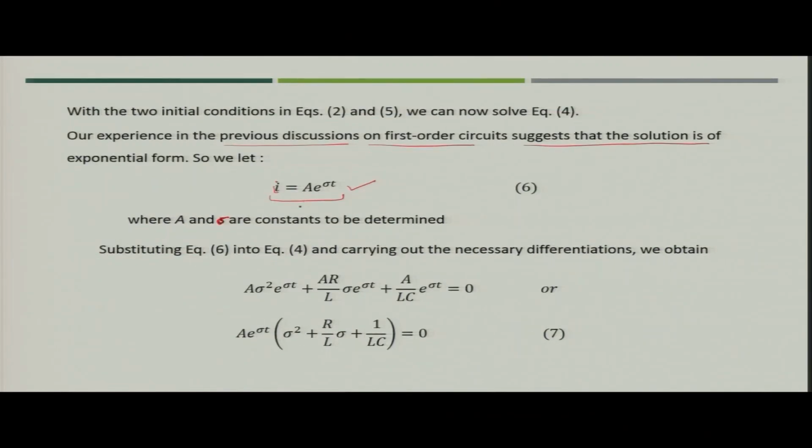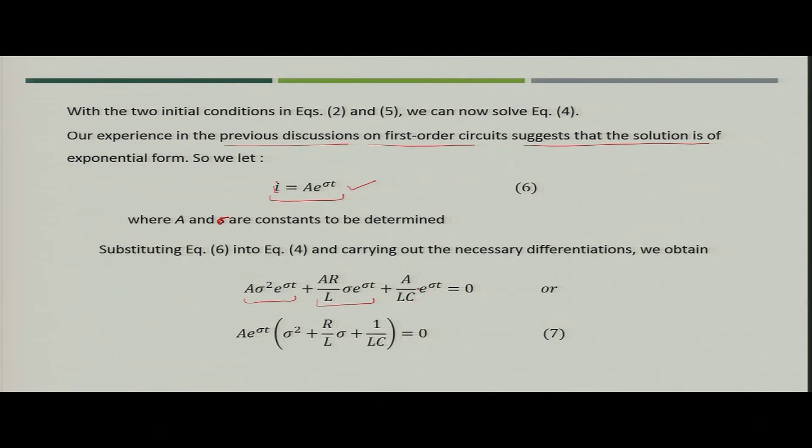That means you will differentiate it twice. So, you will get the first component, that becomes A sigma square e to the power sigma t, and then the first derivative multiplied by R by L. So, you get A R by L sigma e to the power sigma t plus A by LC e to the power sigma t.